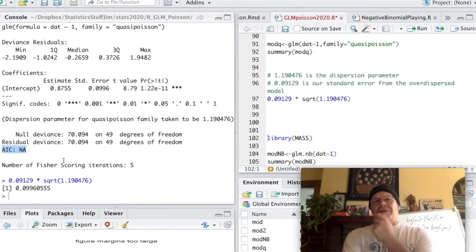The other solution, if you have over-dispersion, is to pick a different sampling distribution. All we've played with is binomial and Poisson, but there are a number of different distributions that we could potentially model our data as.